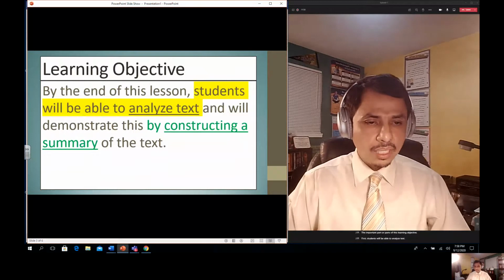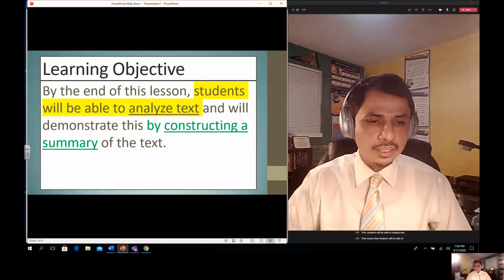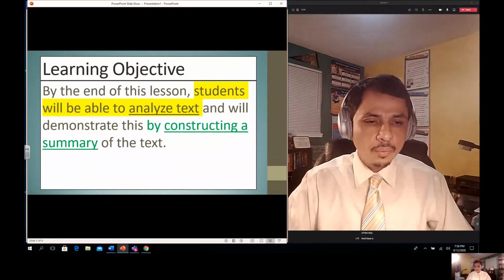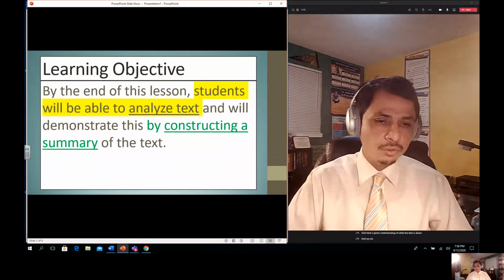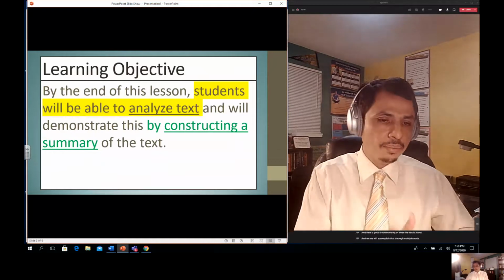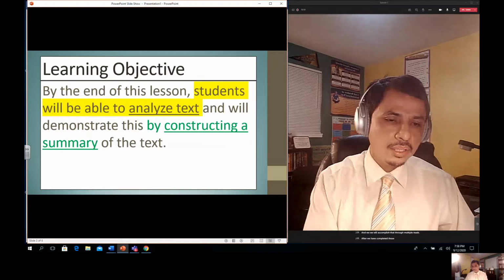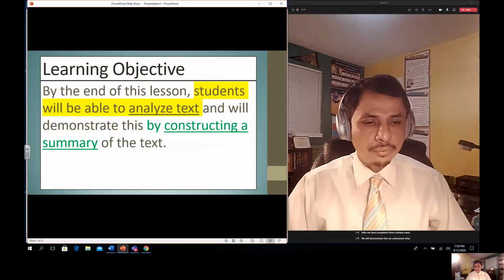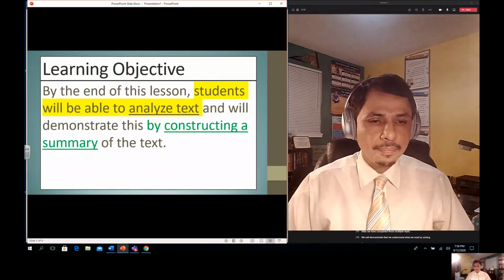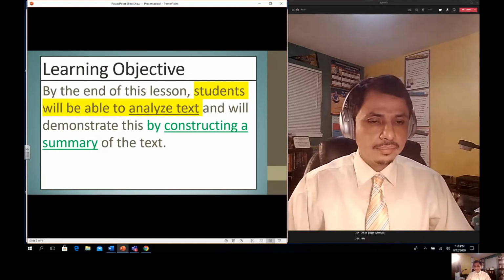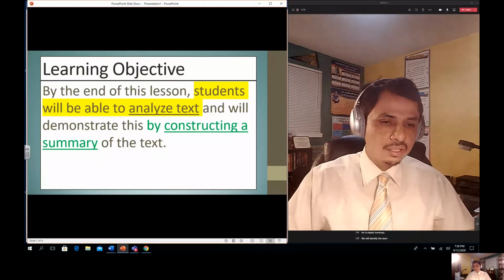That means that students will be able to complete multiple reads of the text and have a good understanding of what the text is about. And we will accomplish that through multiple reads. After we have completed those multiple reads, we will demonstrate that we understood what we read by writing a summary. And in that summary, we will identify the theme as the standard calls for.